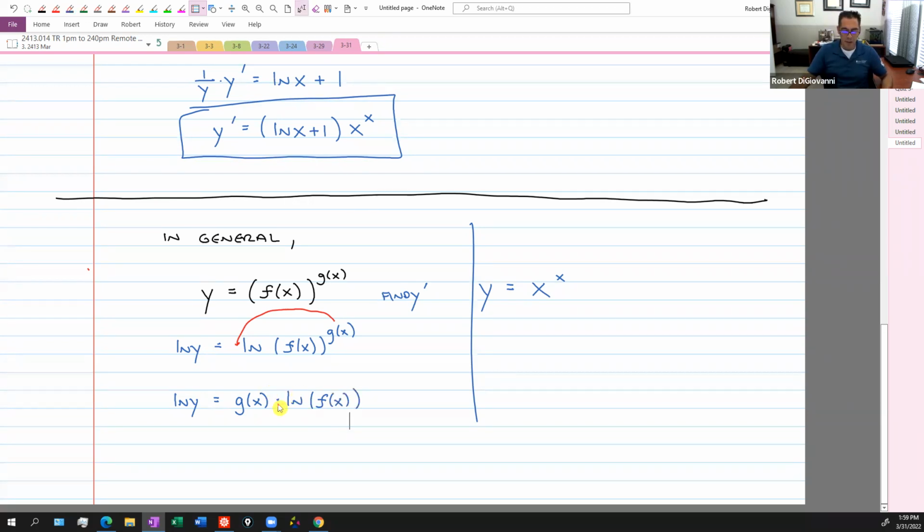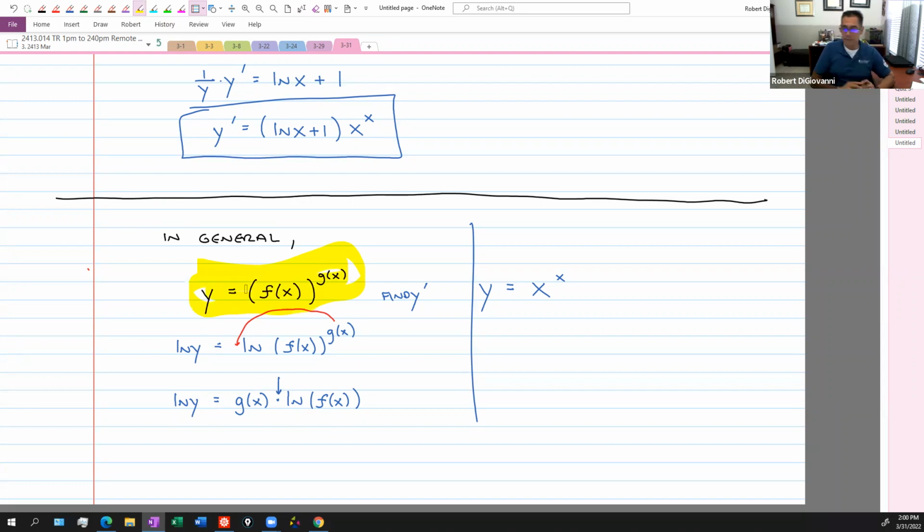And now do you see that you can take the derivative of this because you're guaranteed you're going to have a product here and you're going to be able to do a product rule? So all I want you to see here is this: if you ever see a function of x raised to a function of x, you're going to use logarithmic differentiation. It's going to work each time.